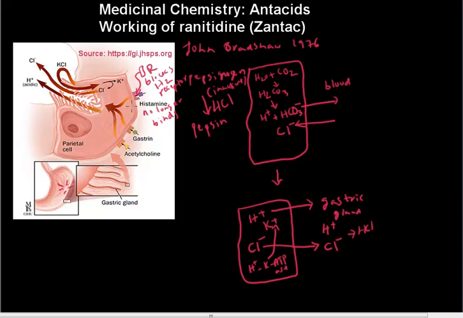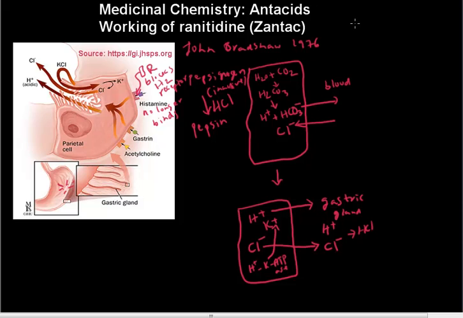There is still some hydrochloric acid, but definitely the binding of ranitidine to that H2 receptor site prevents the histamine from binding to the parietal cell. As a result, there is not much hydrochloric acid produced in the stomach. So that's how.